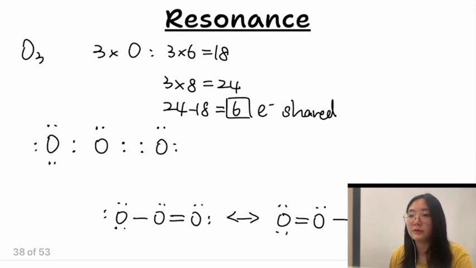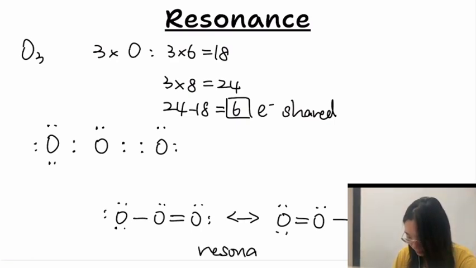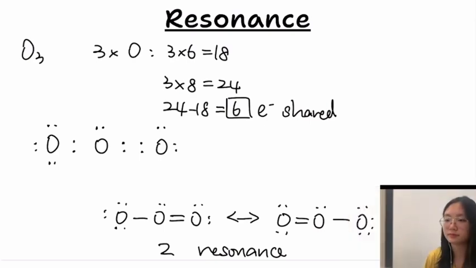For these types of Lewis dot diagrams, we call them resonance. So there are 2 resonance structures for the ozone molecule.